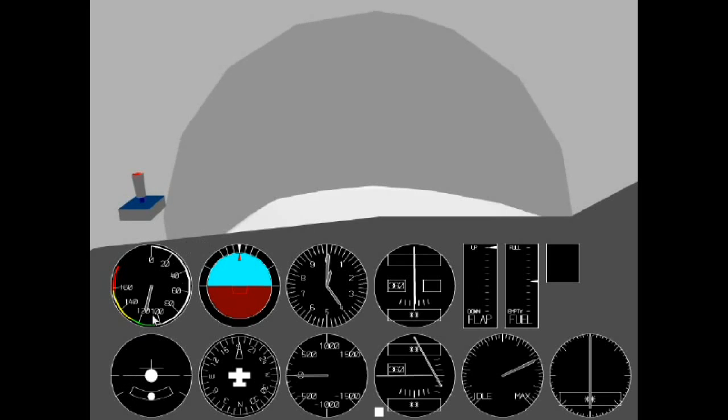You take your airspeed, which is 120 at the moment, then divide it by 10, 12, and then add 7, 19. And 19 is your bank angle that you have to use to get a rate 1 turn at 120 knots. And you see, the faster you go, the more you have to bank to get a rate 1 turn.